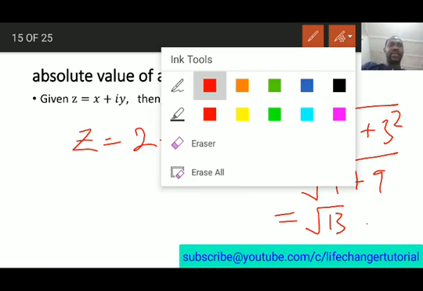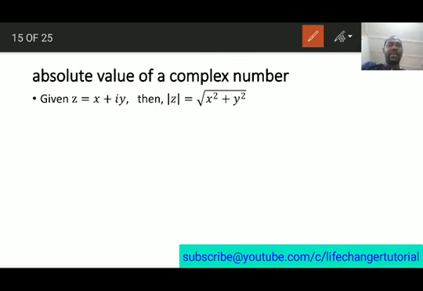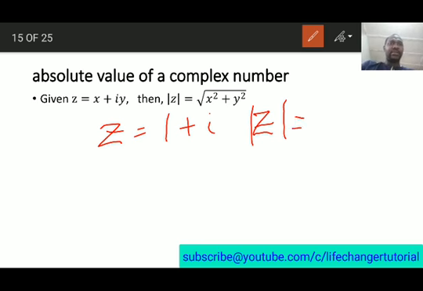Let's see another example. Let's say our complex number z is 1 plus i. To find the modulus of z, that is the square root of the coefficient here, 1 squared, plus the coefficient of i, which is also 1 squared. Here people usually make a mistake and use i.